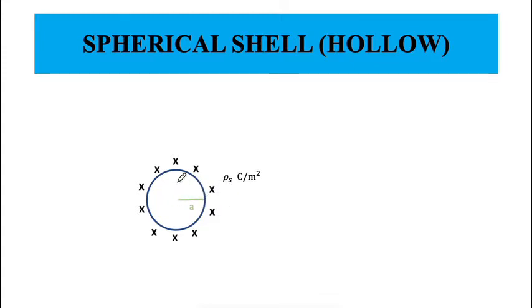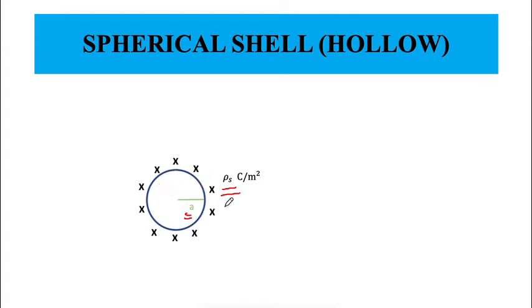So I have a spherical cell here and the cell has a certain radius, and call that radius a, and the charge is distributed over the surface of the cell. The charge is uniformly distributed over the surface, with a uniform charge density of rho s coulombs per meter square. Please remember that the surface area we are considering is spherical in nature.